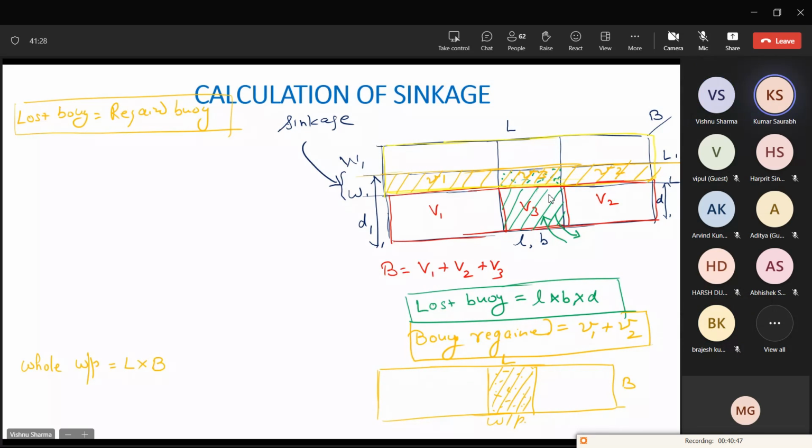Out of this, some water plane is lost. Now, the lost water plane, the length of the lost water plane will be small l, breadth will be small b, it will be small l into small b. Yes or no? Yes.